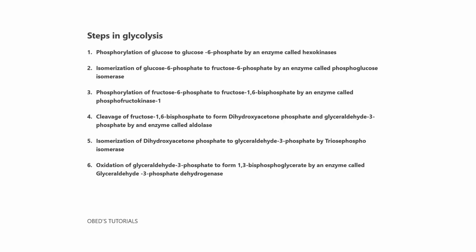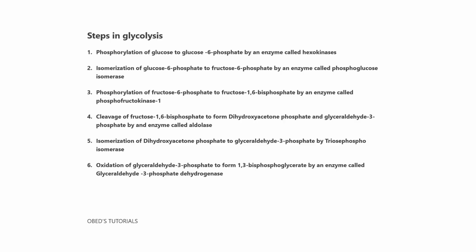Step 5 is when we isomerize the dihydroxyacetone phosphate to glyceraldehyde 3-phosphate by an enzyme called triose phosphate isomerase to form two molecules of glyceraldehyde 3-phosphate.